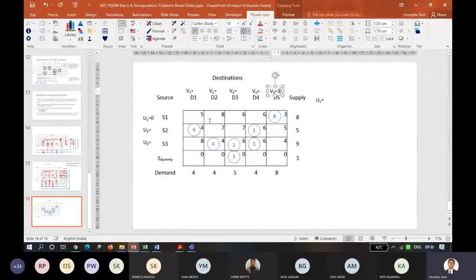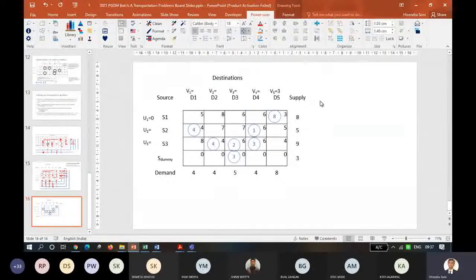Okay. Now since I have already got this value, can I find the other values? Are there any connecting values which can help me in identifying the other ones?